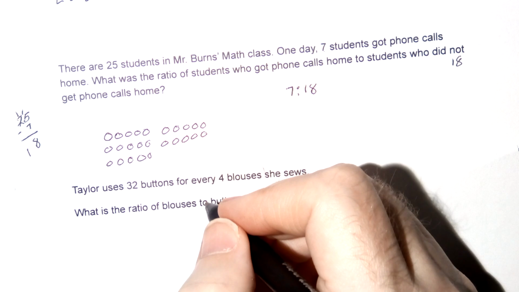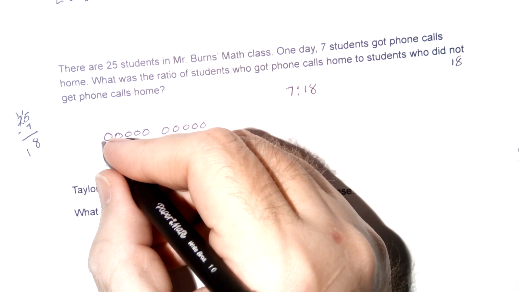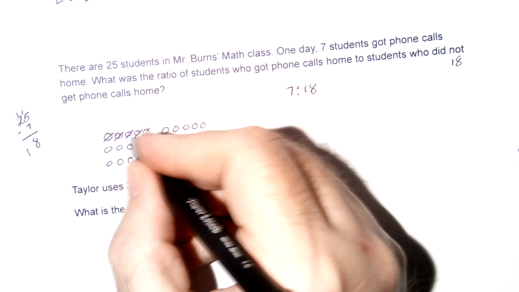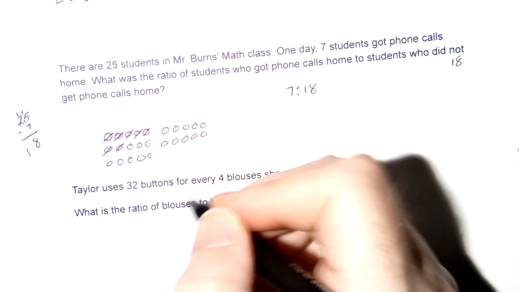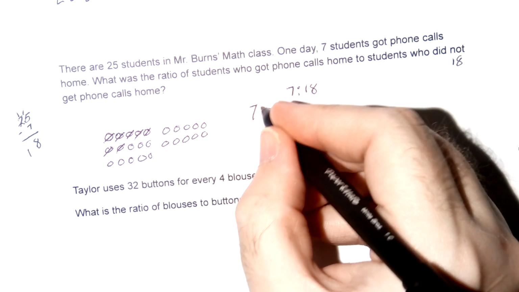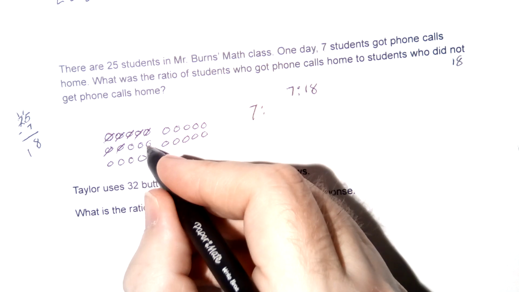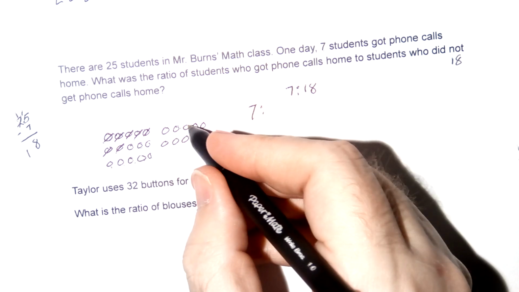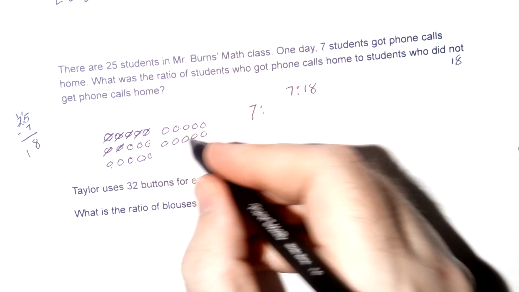And then we could have said phone call, phone call, phone call, phone call, phone call, that's 5, 6, 7. And so that's 7 who got a phone call, and 1, 2, 3, up to 18 that didn't.